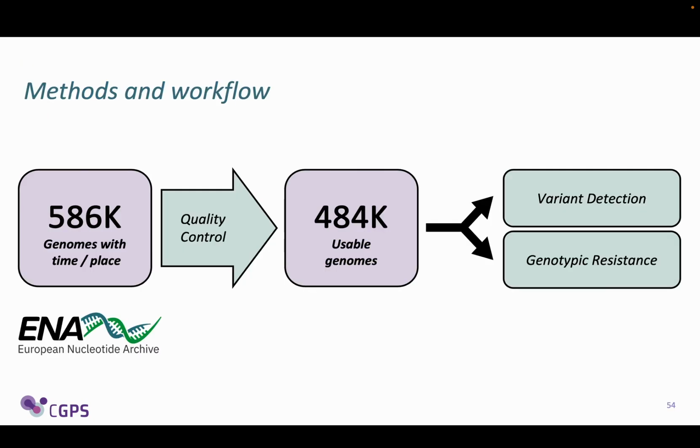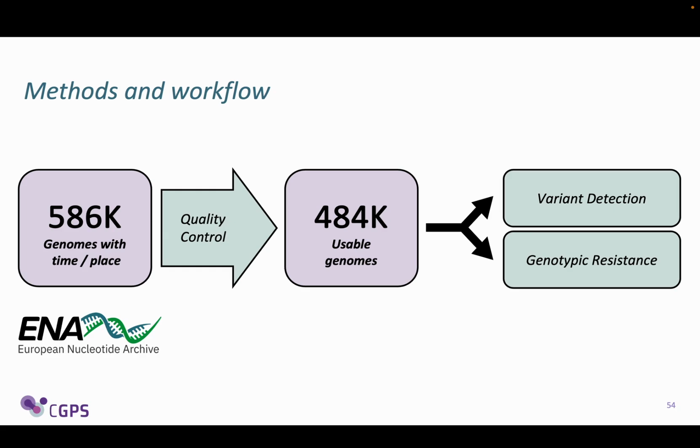So the team undertook a piece of work where any genome in the archives that has both time and place was pulled out and quality controlled in a standardized fashion, to only utilize high quality information and deliver a set of genomes that are usable within a public health description. They then identified resistance determinants in those genomes, but also looked at that other axis of information, which is the way of defining a clone.